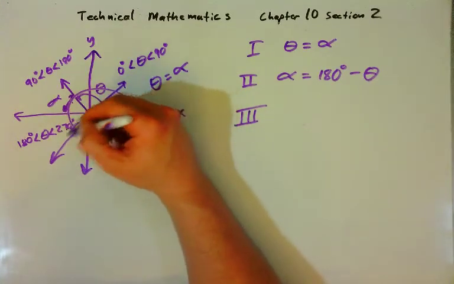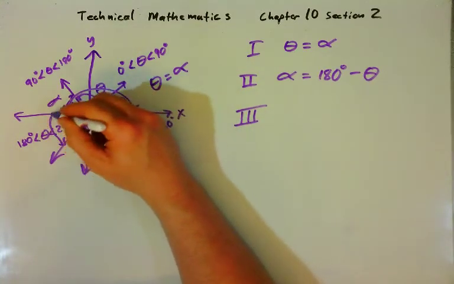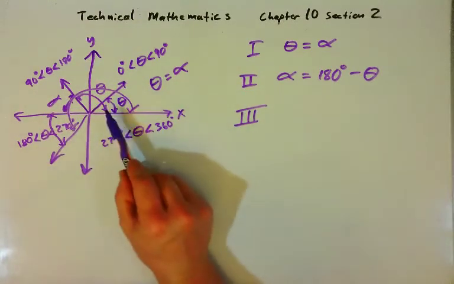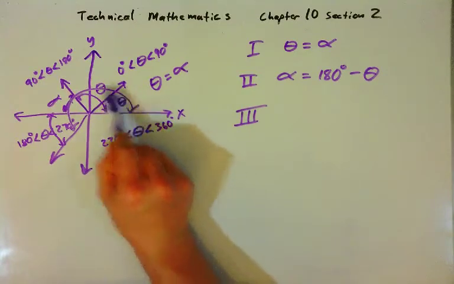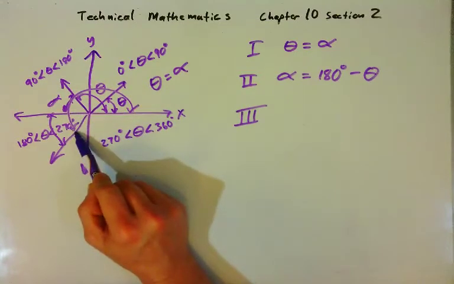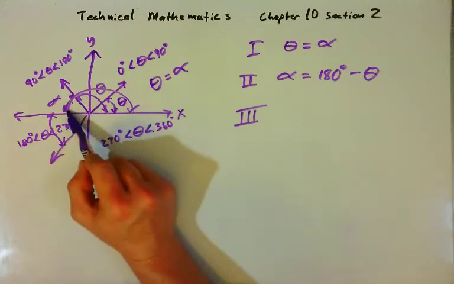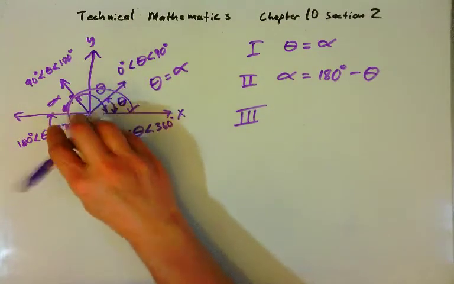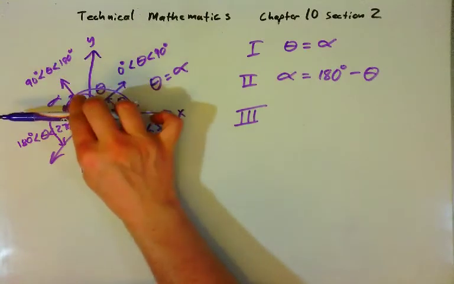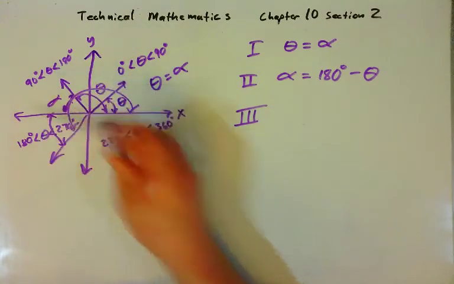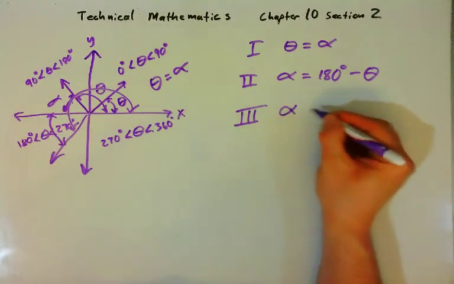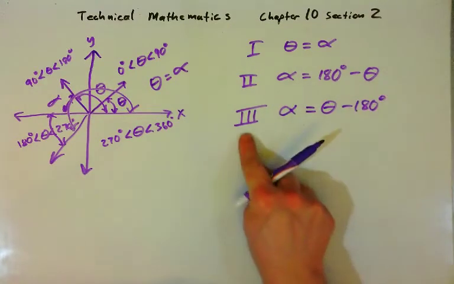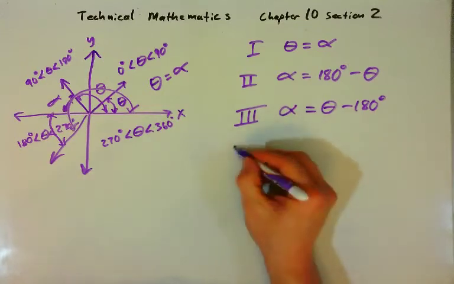Alpha is going to be this angle. Whatever theta is, if you take away 180, what is left is alpha. So alpha will be equal to theta minus 180 if we're in the third quadrant.